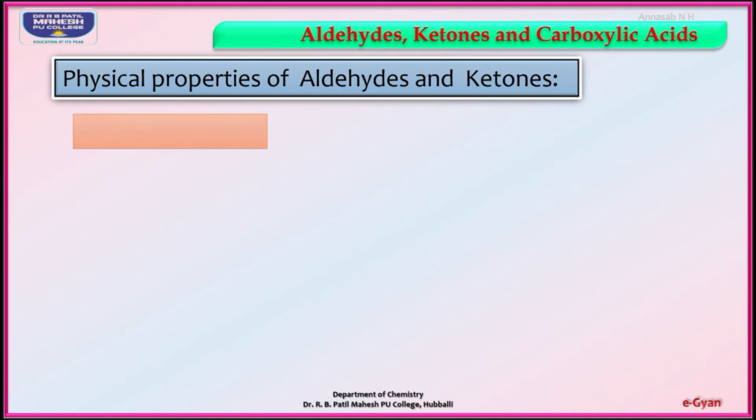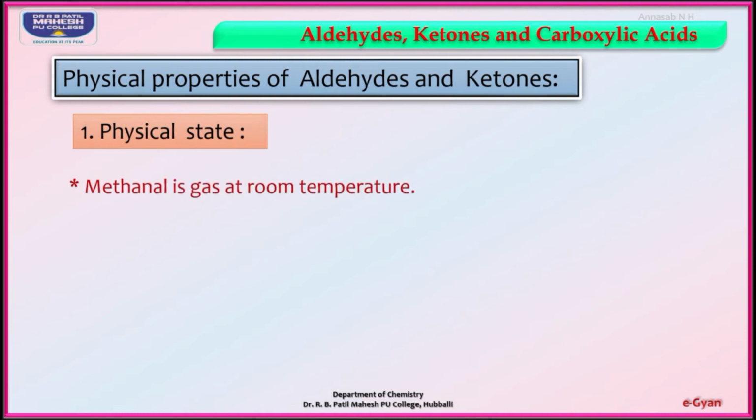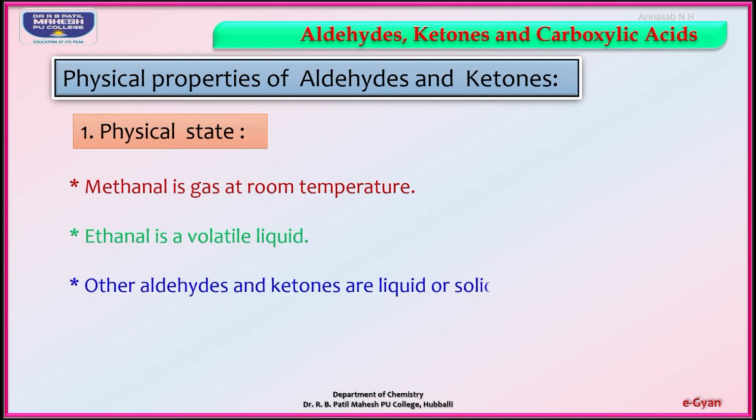The first member of aldehyde, formaldehyde, IUPAC name methanal, is a gas at room temperature. As the molecular mass increases, the next member, ethanal, is a volatile liquid. Volatile means it is easily evaporating or the substance has a lower boiling point. And all other aldehydes and ketones are liquid or solid at room temperature.